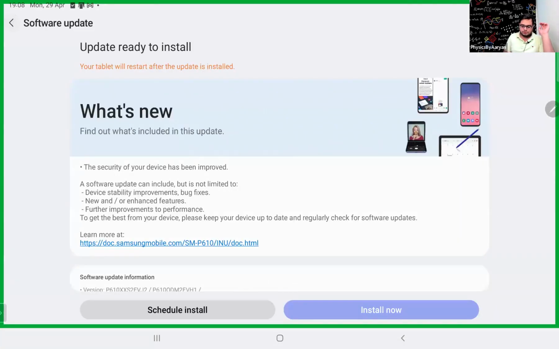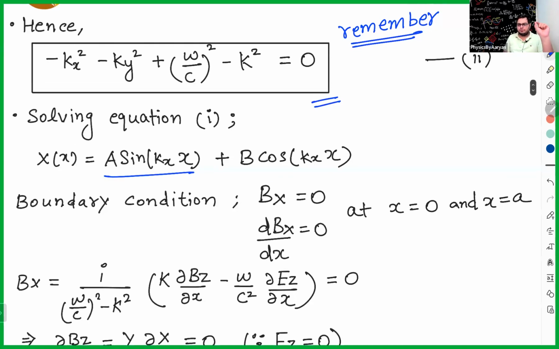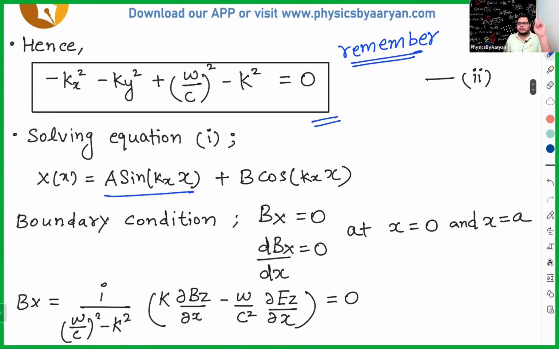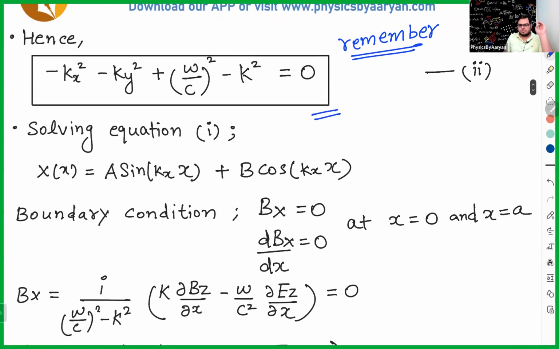So I call them both. If you have done even a little bit of differential equations, you know that a simple harmonic equation gives you two results: sine kx and cos kx. That's all. So this is my general solution.